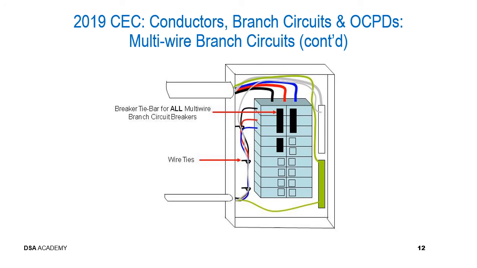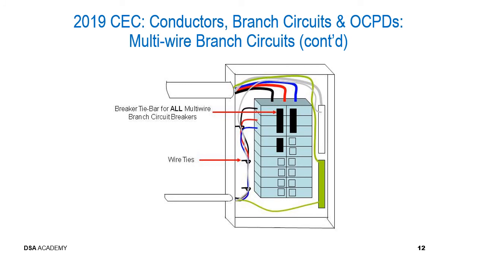This slide shows just a simple diagram which shows a couple of situations, or at least one situation, where you've got a multi-wire branch circuit, and you can see that you've got black, red, and blue conductors that are going into 3 separate breakers, and all 3 of those breakers are tied together with a tie bar.